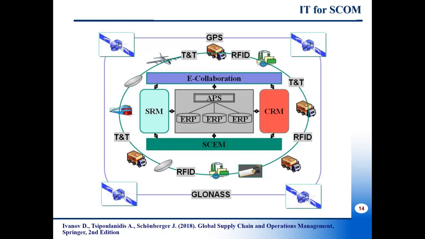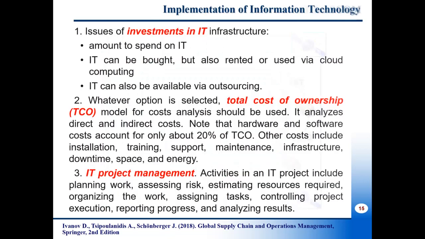And therefore, there is one key important thing before investing in IT infrastructure. That is the amount to spend on IT. And IT, even though it can be bought, can also be rented or used via cloud computing. IT can also be available via outsourcing.